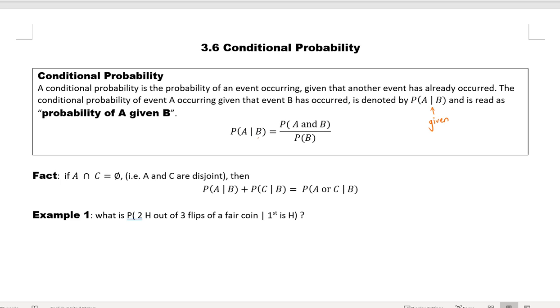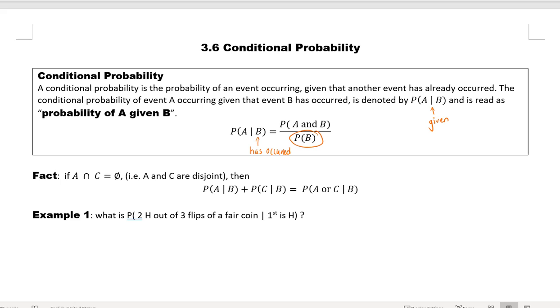We already know that B has occurred, so that's why P of B is in the denominator. And because we're asking for the probability that A also occurred, in the numerator we have A and B both occurred, so P of A and B.